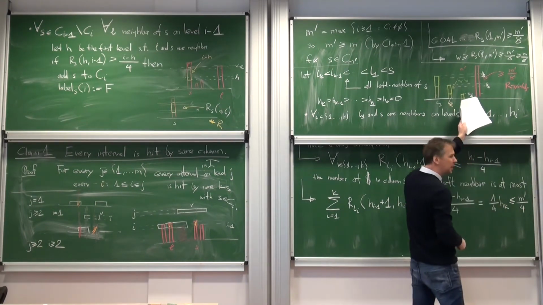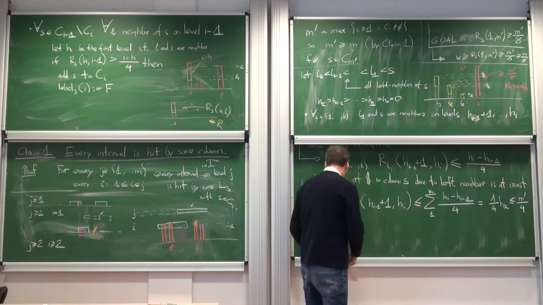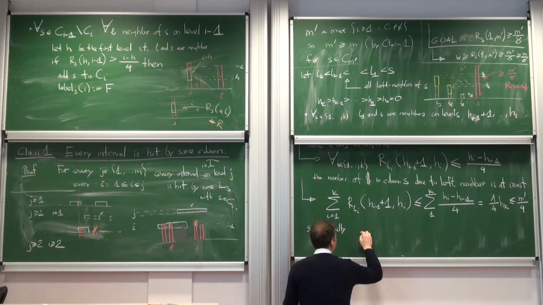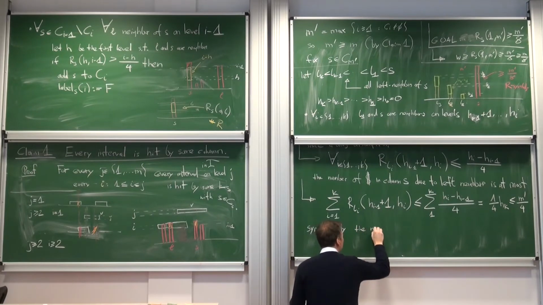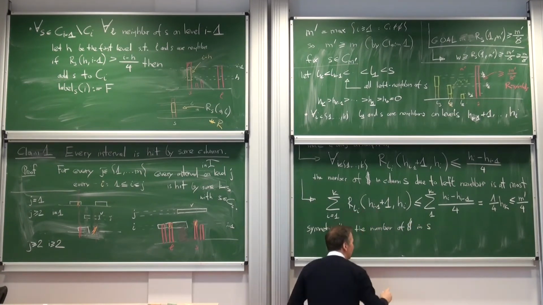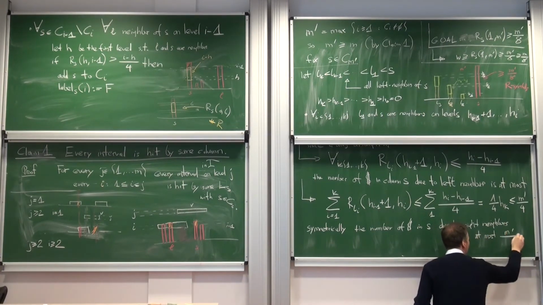The column is of size n prime, and there are at most n prime over 4 dollars contributed by the left neighbors. Symmetrically, the number of dollars in S contributed due to right neighbors is at most n prime over 4.